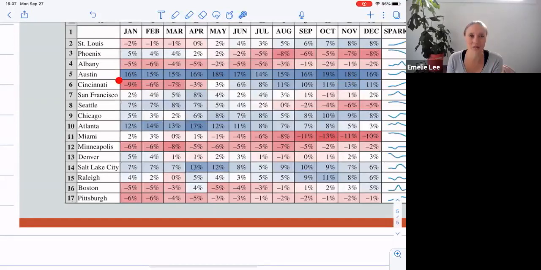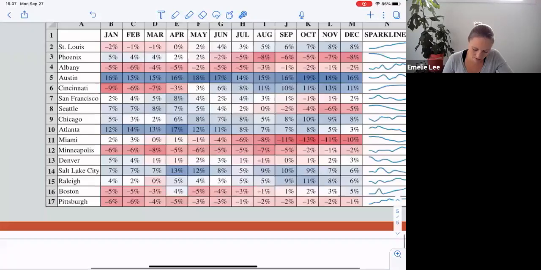Usually we're not concerned with those. We applaud those and say, hey, good job, guys. But it's more if we see something like Pittsburgh, who's consistently red all year here, different shades of red. You could look at who has the most red, who has the most shades of red here.